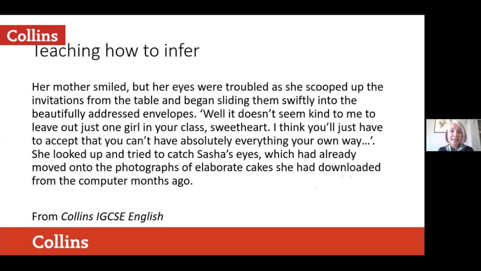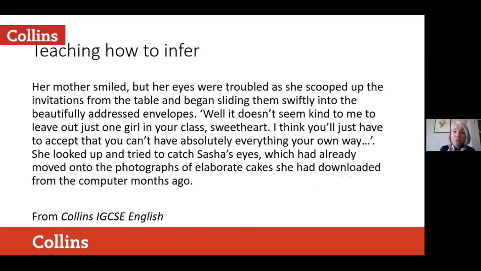What we need to help our students do is, first of all, to work out the bit of text that needs to be interpreted. We can all immediately go to the answer because we are all high-level learners of English. We're all very experienced. We've all read thousands and thousands of books in our lives. So we can do inferential reading naturally. But this is about teaching students how to do it.